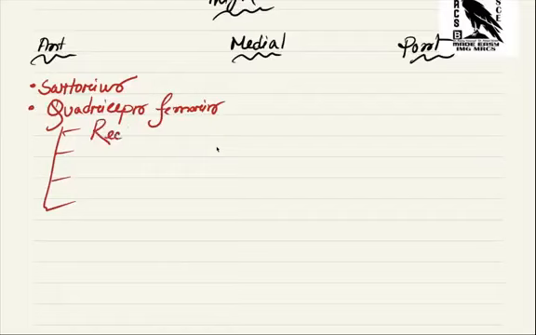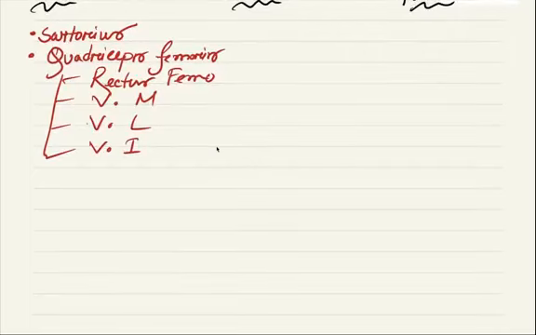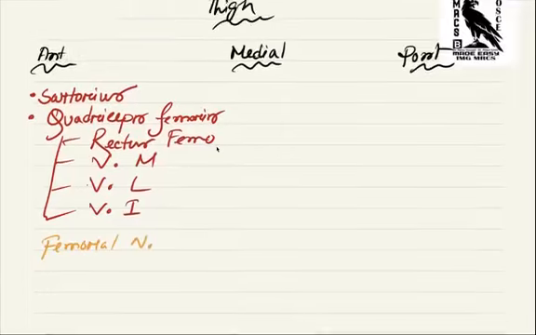The rectus femoris, the vastus medialis, vastus lateralis, and vastus intermedius. All the muscles will be supplied by the femoral nerve.